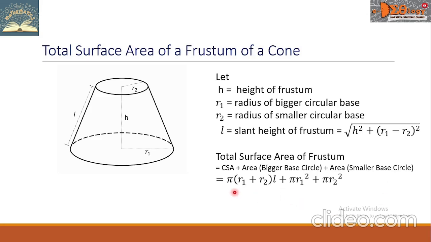And that will be pi times the sum r sub 1 plus r sub 2 times L plus pi times the square of r sub 1 plus pi times the square of r sub 2.